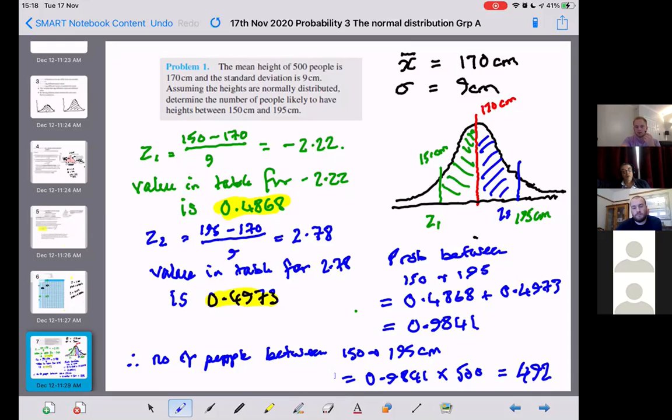But quite often, 500 people is a relatively small sample when you're doing something like this. You do need big samples, because otherwise you're making a lot of assumptions that can't be true. So it works on big samples. All right.